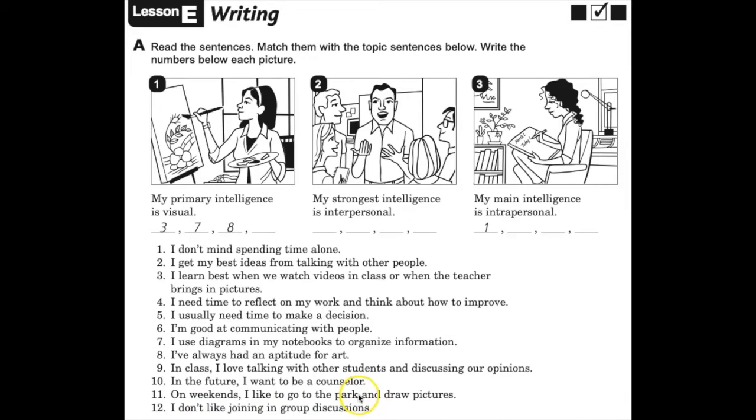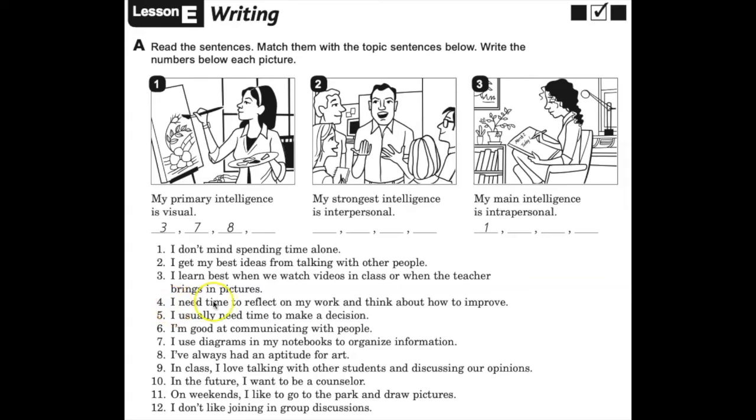Okay, so let's go back and review the answers. I don't mind spending time alone is intrapersonal. I get my best ideas from talking with other people, is you put the 2 here, interpersonal. I learn best when we watch videos in class or when the teacher brings in pictures, is number 3, visual.